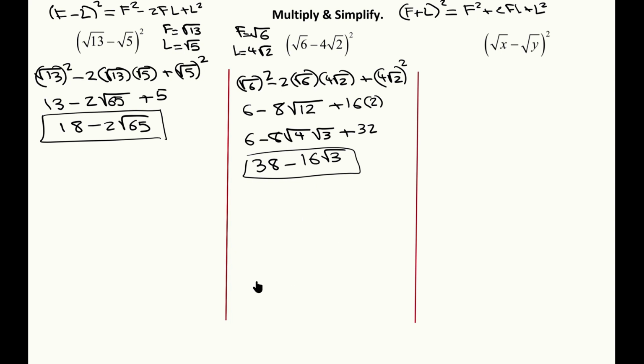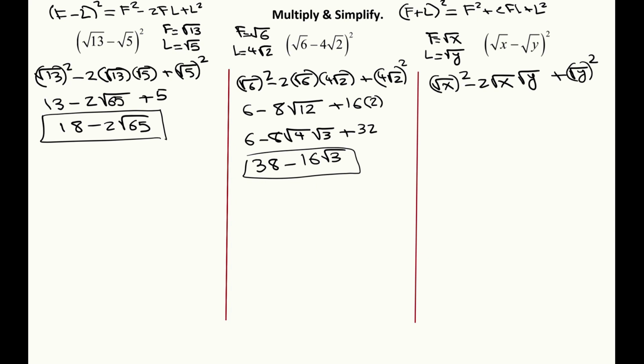All right. So moving on to the next case with the variables, the same exact rule applies, with f being square root of x and L being the square root of y. So now we start with f squared, so that's the square root of x squared, minus 2 times f, which is square root of x, times L, which is square root of y, plus L squared, which is square root of y squared.